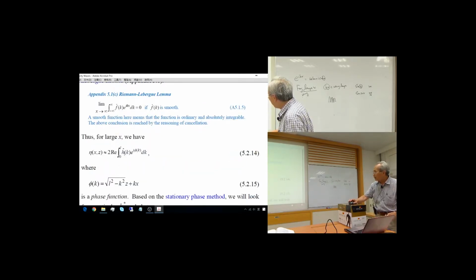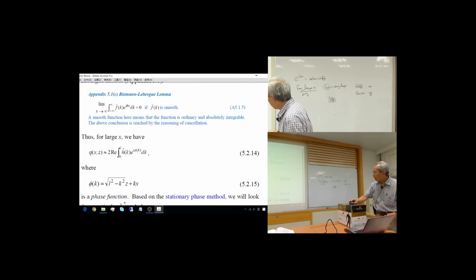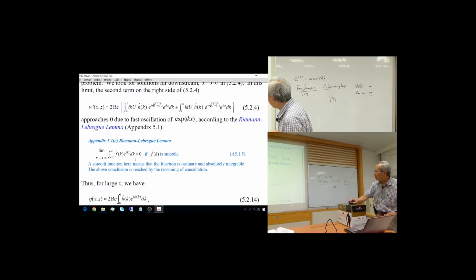So if we look at large x, we look at eta approximately equal to 2 times the real part of this one. And this one, phi of k, we combine this together.